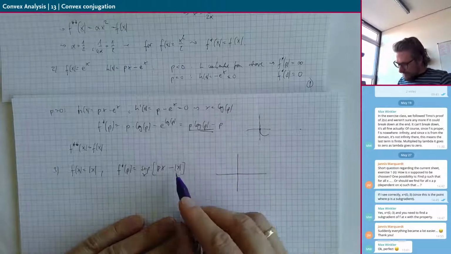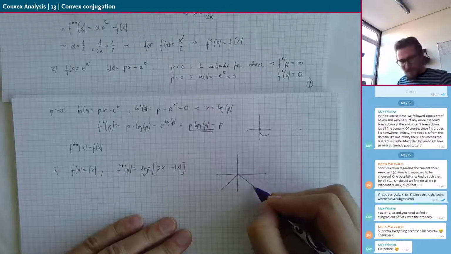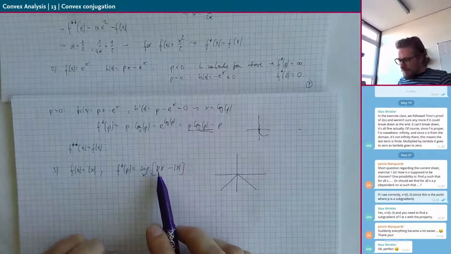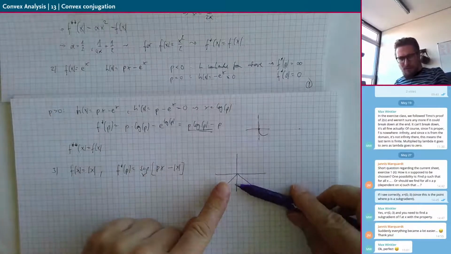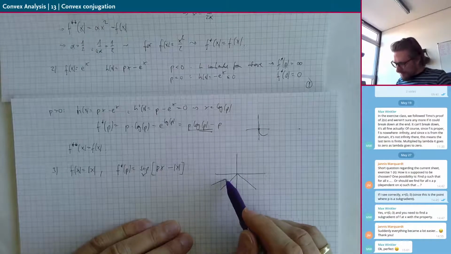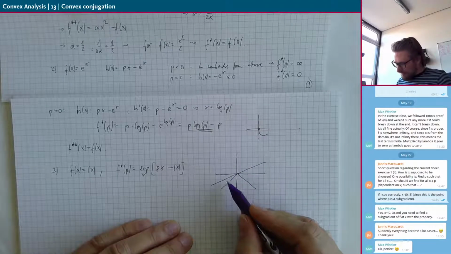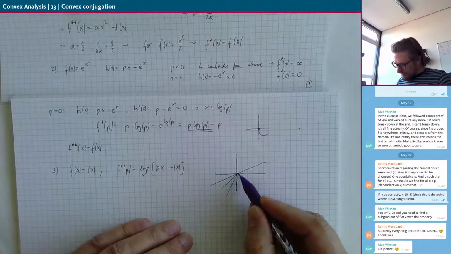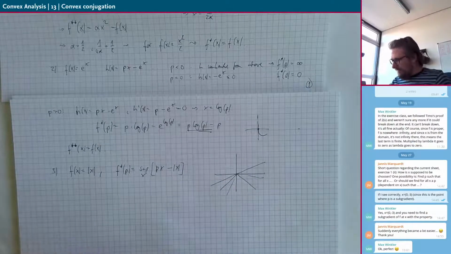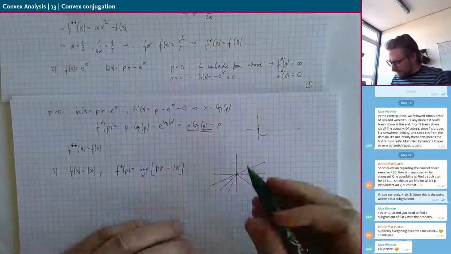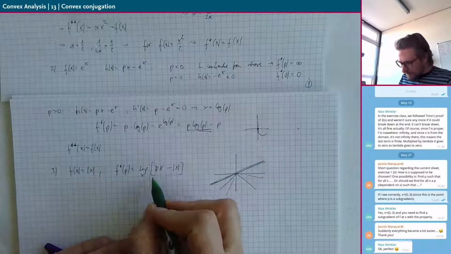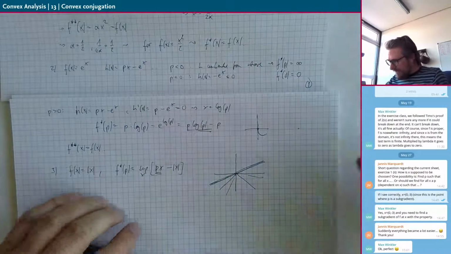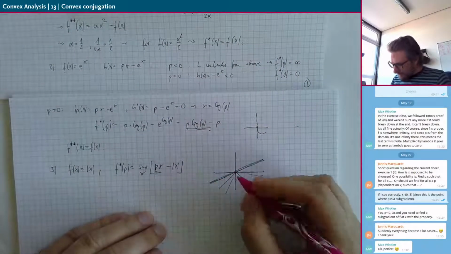So this function here is just that, minus absolute value of x. And what we do, if we add px to that, we just tilt it around, right? If we just add something like that, it means that this gets like this, and probably like that. So if you add the green, which is this here, to the black, then for the full thing we would get something like this here.